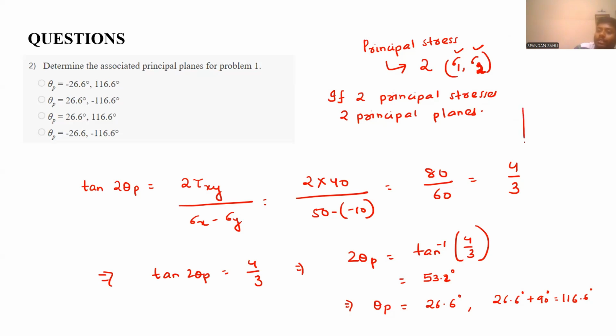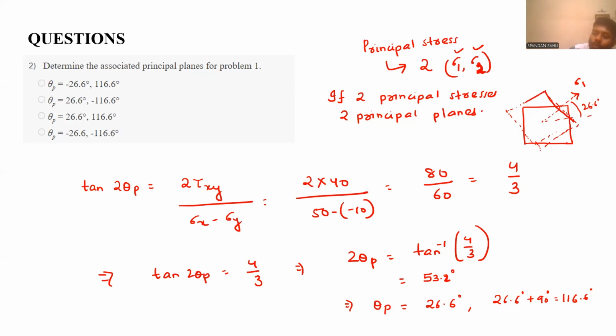And we know since this is a lamina, and when it is getting rotated in some fashion such that it is now making an angle of 26.6 degree, then you are getting this plane as your first principal plane.